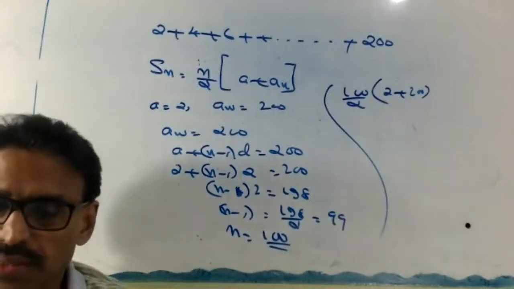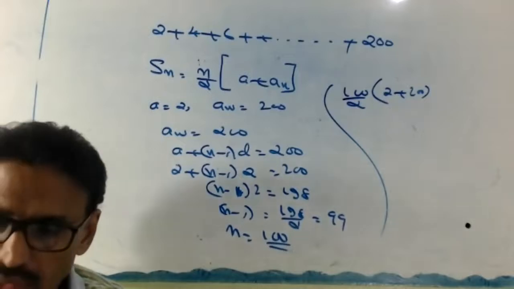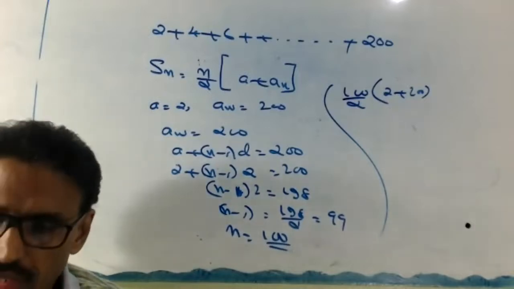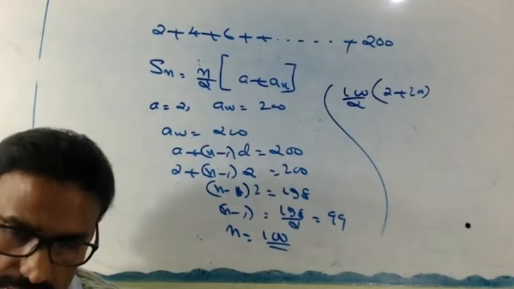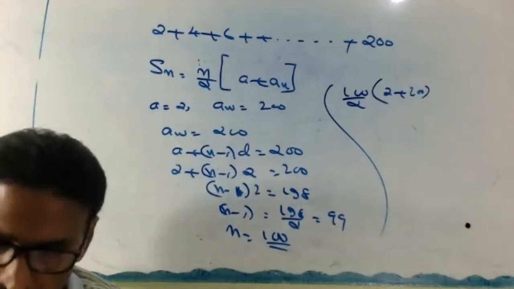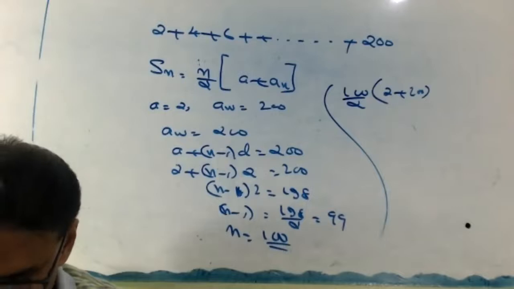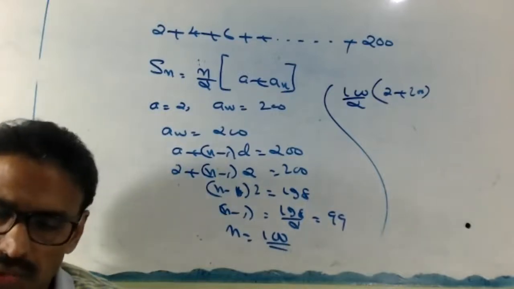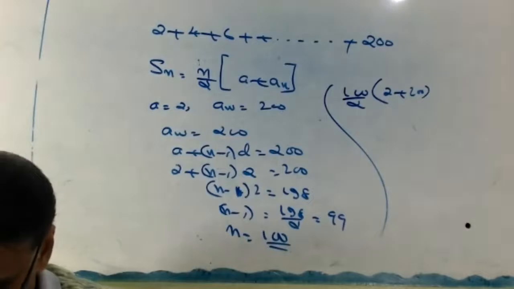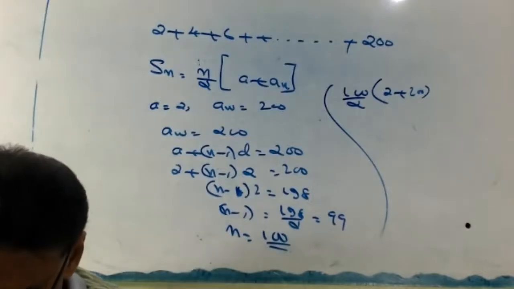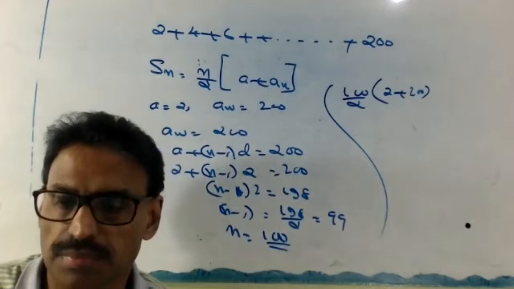3 plus 11 plus 19, etc., up to 803. 3 plus 11 plus 19 plus etc., 803. Try now.